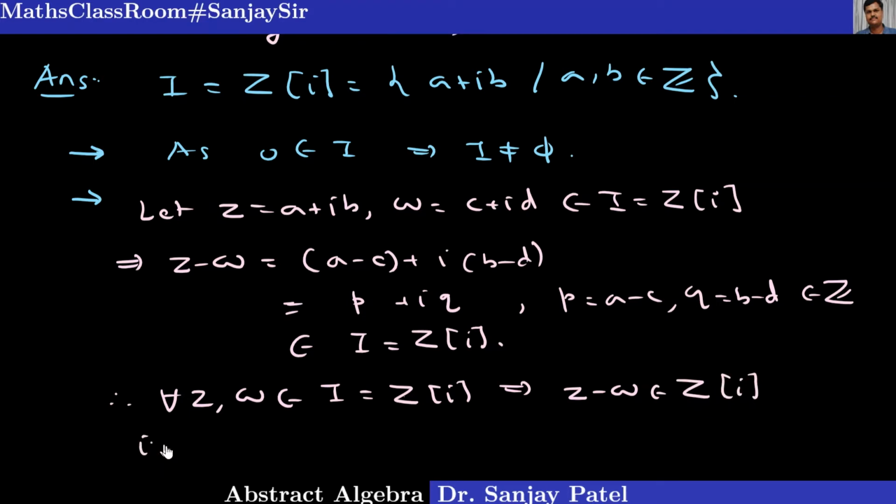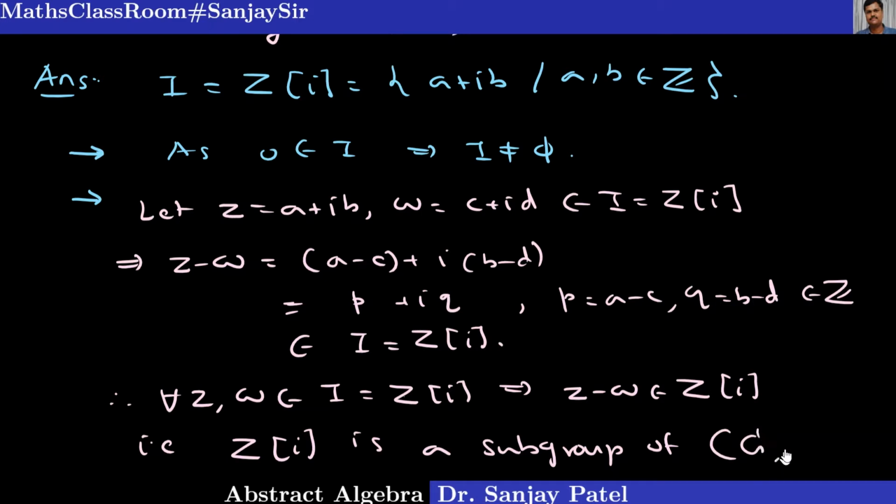So we can say that Z[i] is a subgroup of the group of complex numbers C, comma plus.